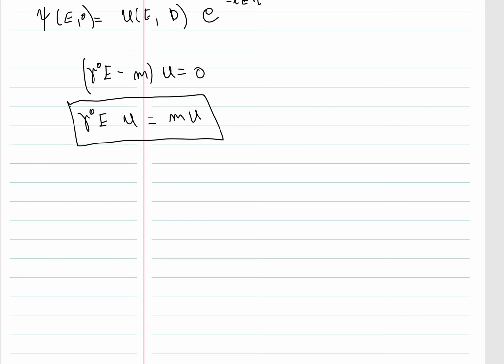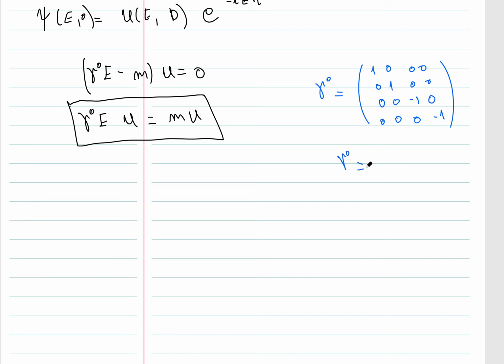But first we have to remind ourselves that gamma 0 is 1 0 0 0, 0 1 0 0, 0 0 minus 1 0, 0 0 0 minus 1.